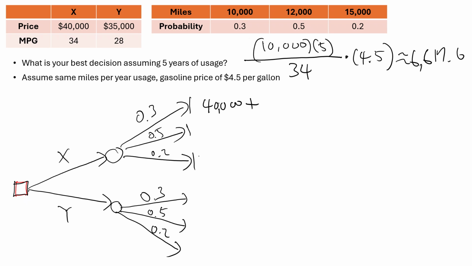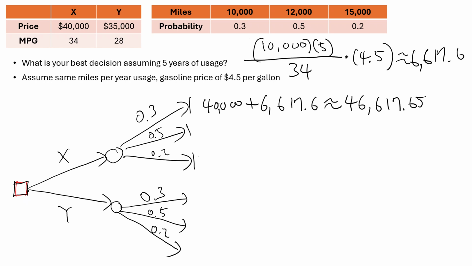All right. So we're gonna put that number down here, 6,617.6. So the total cost for this option is roughly 46,617.65.